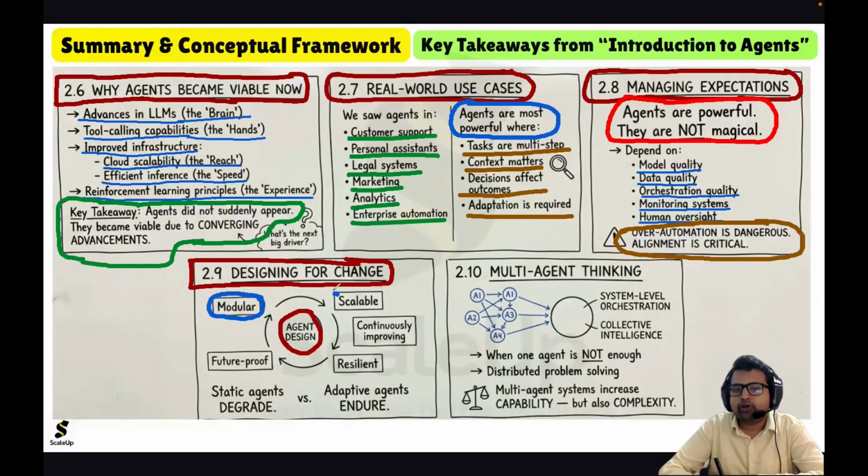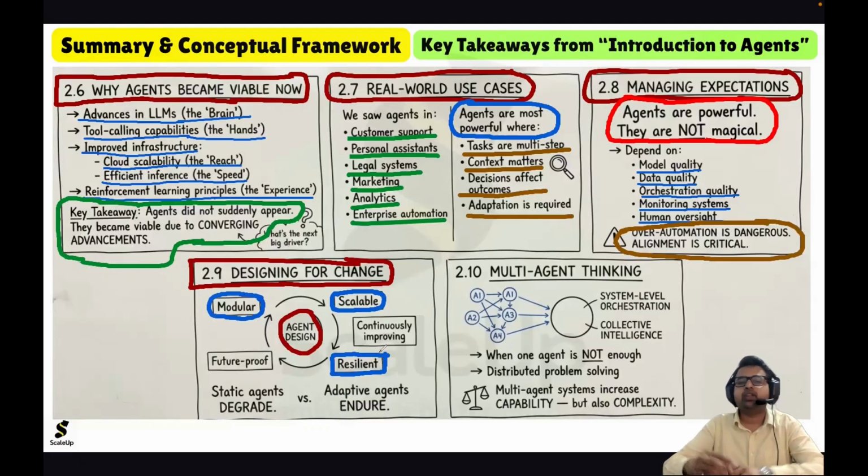Then we also looked into the scalability aspect. Suppose we designed an agent that is now handling traffic of 10 users. Now we want it to handle traffic of thousands or millions of users. Then we have to make it scalable and resilient. We have to make agentic AI applications resilient.